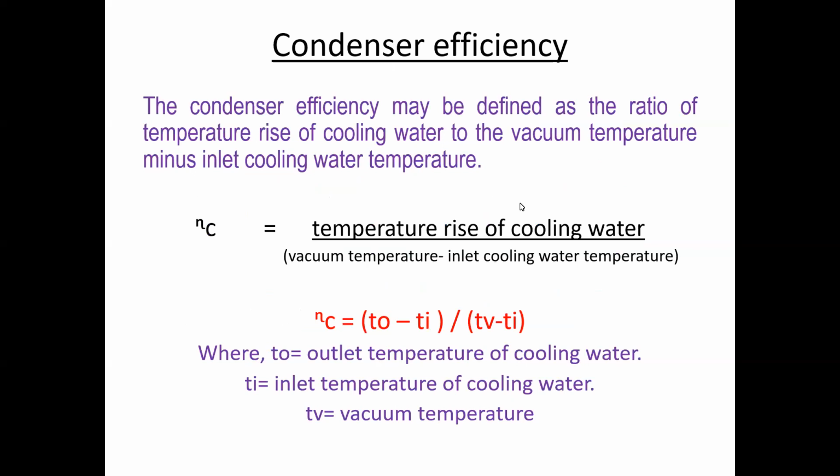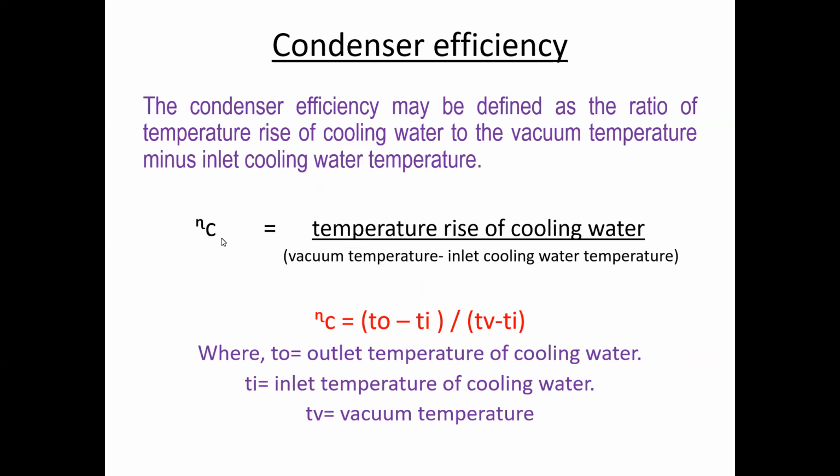Now, next, there are some mathematical terms to calculate efficiency formulas. So first one is the condenser efficiency. The condenser efficiency is defined as the ratio of temperature rise of cooling water to the vacuum temperature minus inlet cooling water temperature.